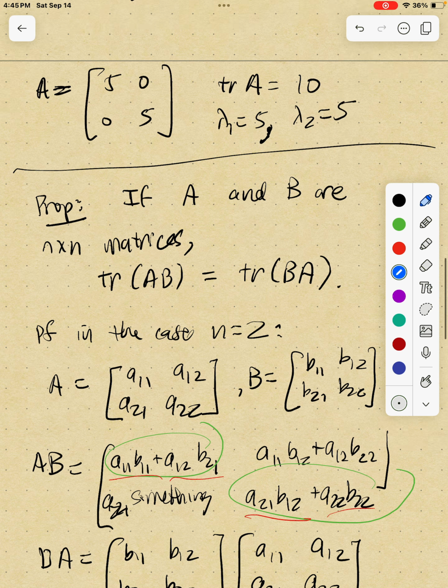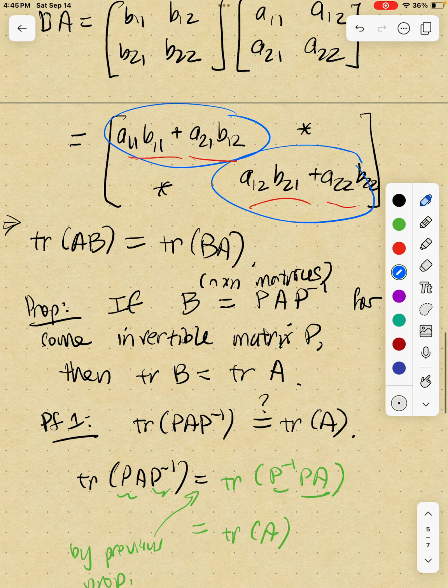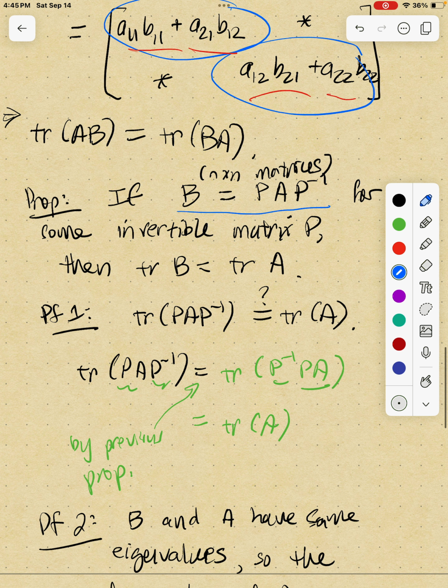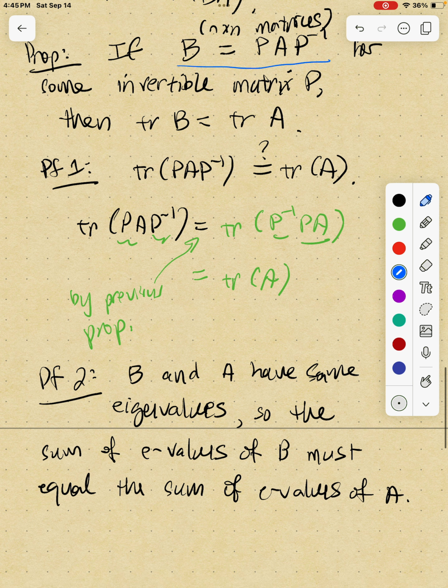Okay, and by the way, matrices that are related in this way are called similar matrices. So we say that A is similar to B. So similar matrices have the same trace, and they also have the same determinant. And that's one way to tell if you have two matrices, are they similar? If they have different determinants, if they have different traces, then they're not similar.